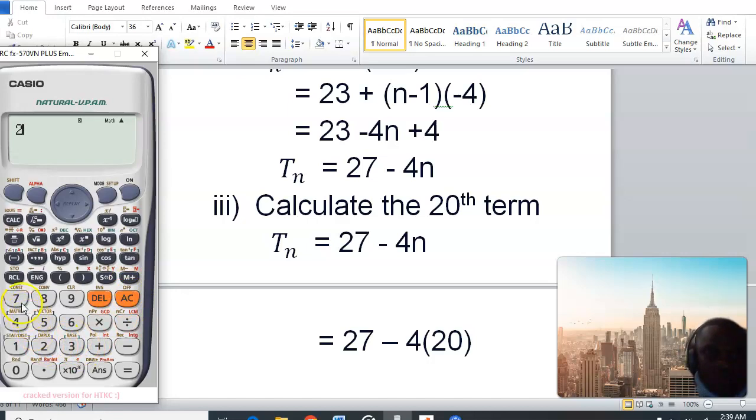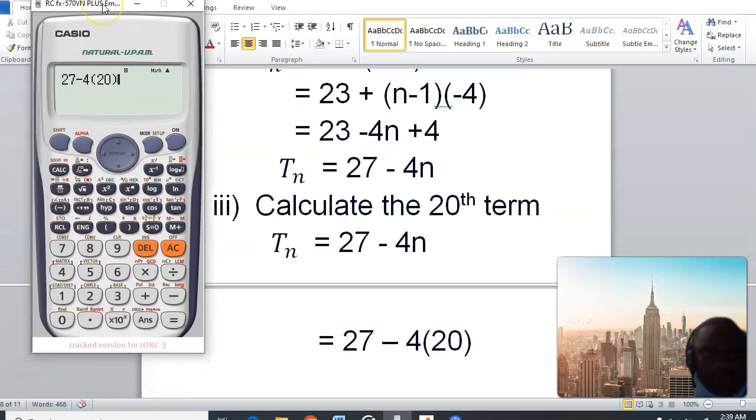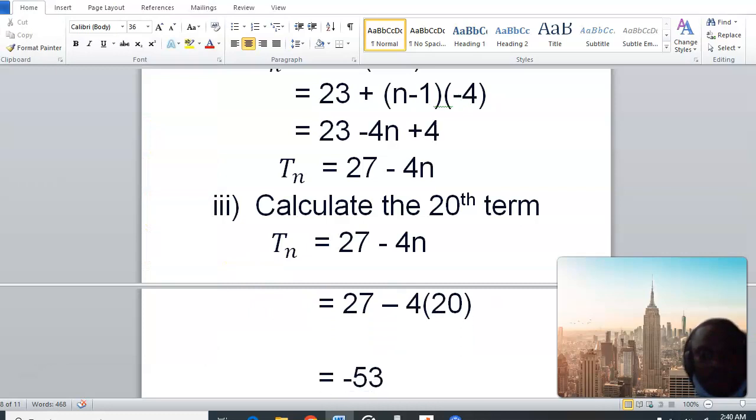You have 27 minus 4 times 20, with the bracket, and this one gives you minus 53. So we have minus 53 as our answer.